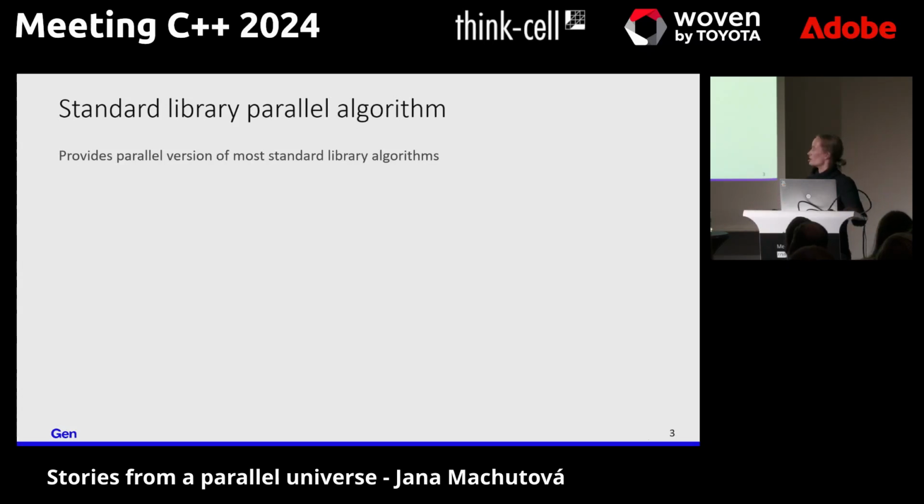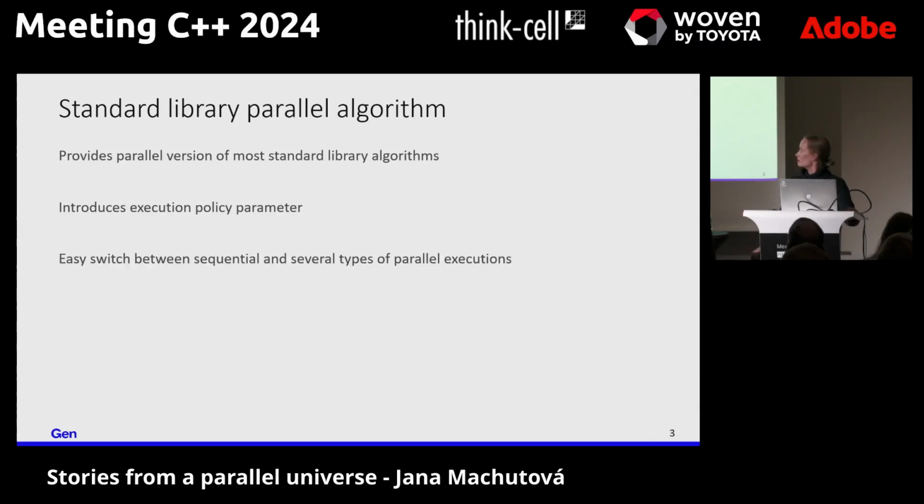I want that. And it's actually possible. All you need to do is add one extra parameter. Most of those algorithms have an overload with one special extra parameter at the beginning, which is the execution policy, which is there just to tell how you want to run that algorithm. If you want to run it sequentially or in parallel, there are more options. For now, we will stay with just sequential and parallel, and we will go deeper later on.